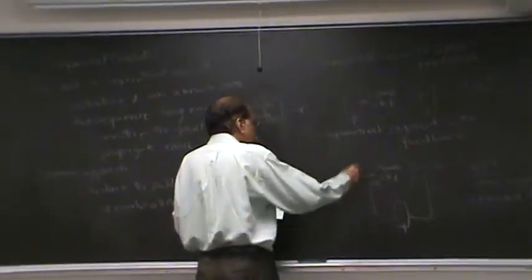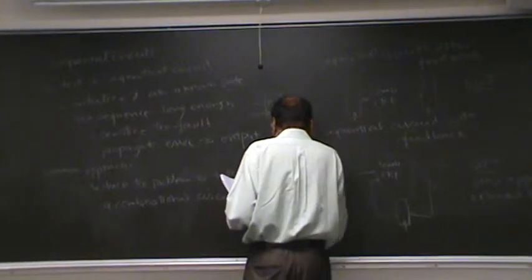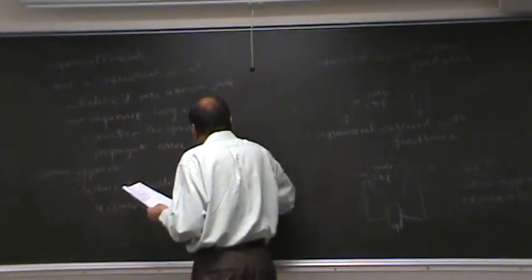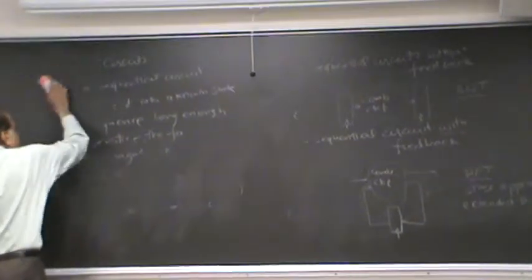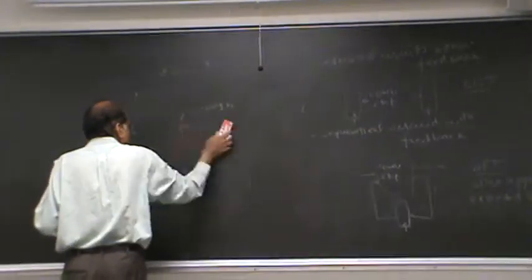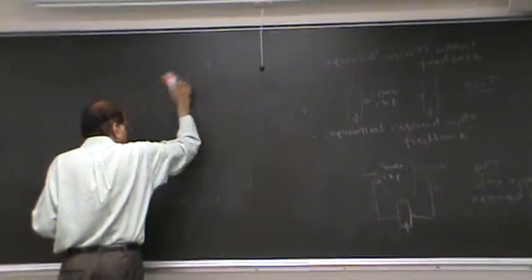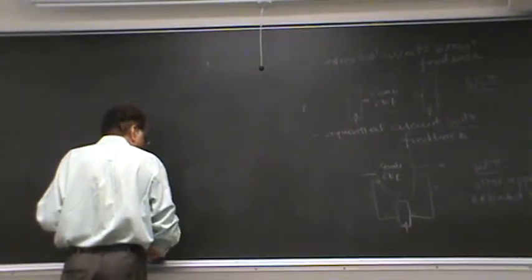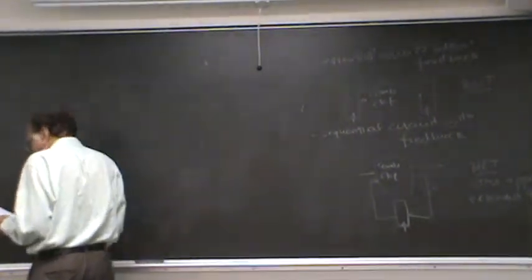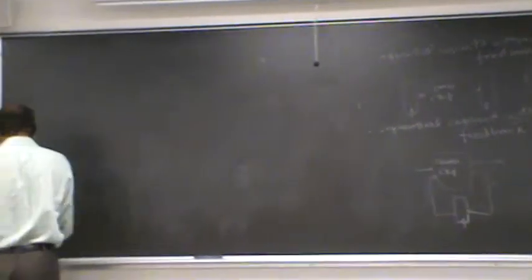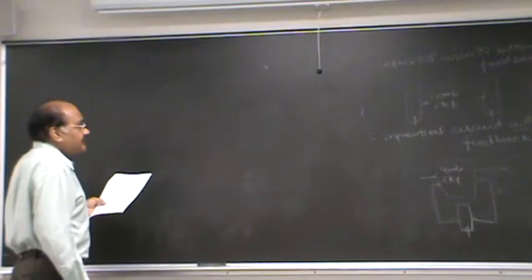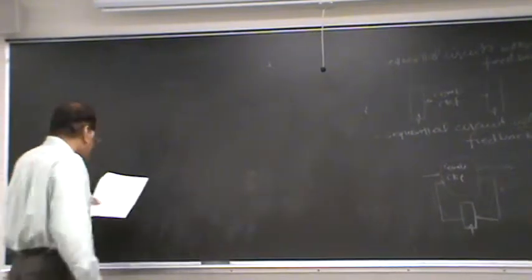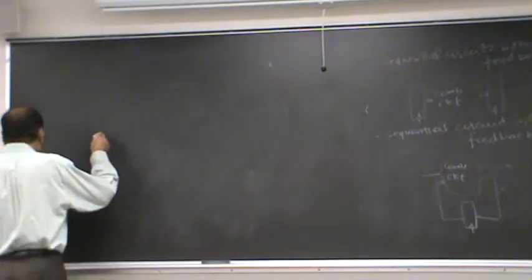and so let us consider the case of sequential circuits without feedback. Now, how can we convert the problem into the problem of testing a combinational circuit? So here is basically the approach.